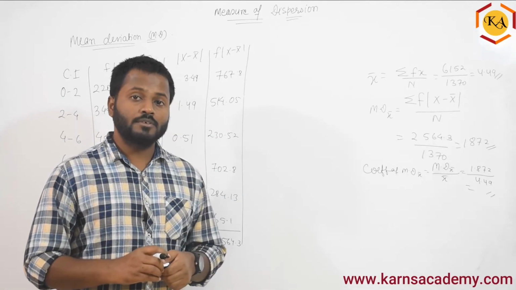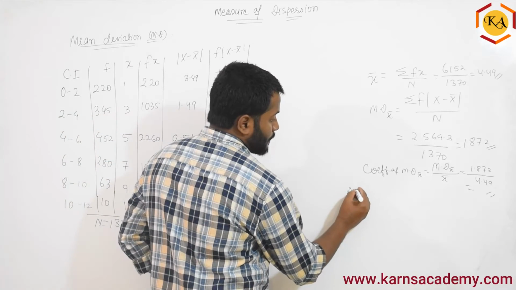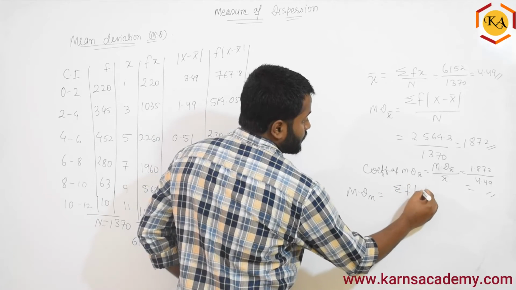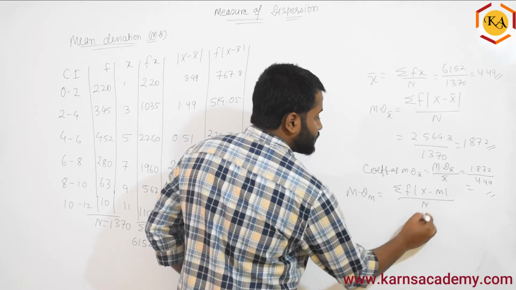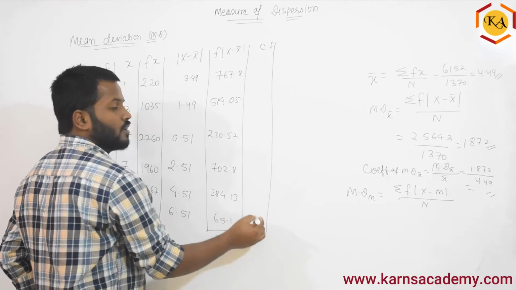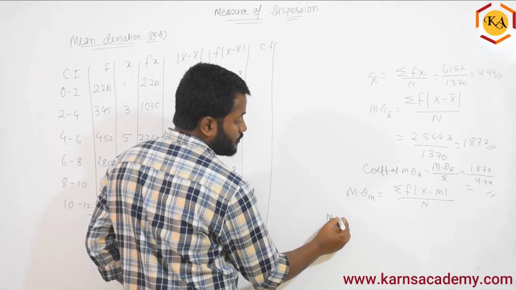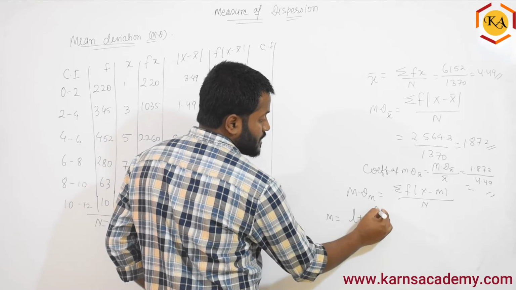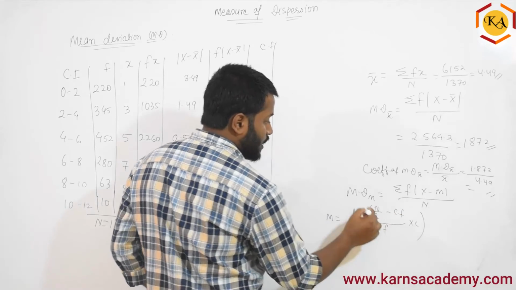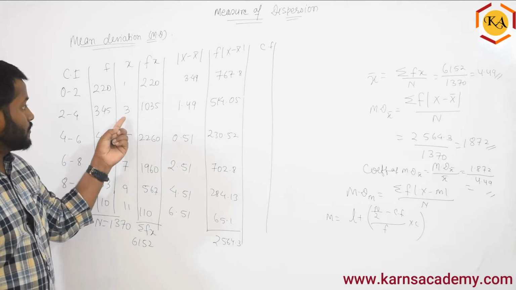Suppose if they could have asked you mean deviation from median from the same data, what will you do? First thing, let's write the formula. So mean deviation from median is nothing but summation f of x minus median by n. So we need median. For median, what do we need? We need cumulative frequency. Find out cumulative frequency, correct? After finding the cumulative frequency, you will be able to find the median, that is L plus n by 2 minus Cf by f into C. Once you obtain the median, each x has to be subtracted from the median.